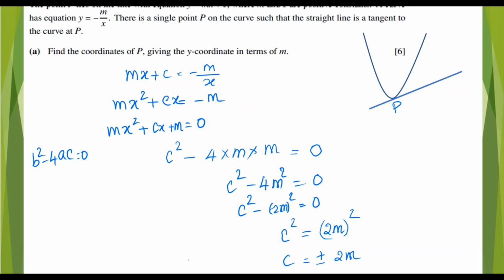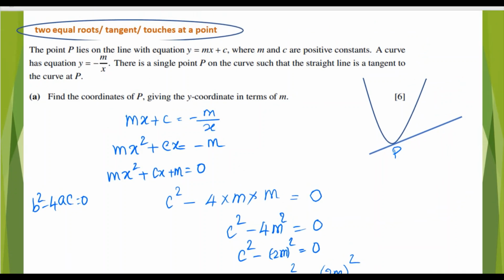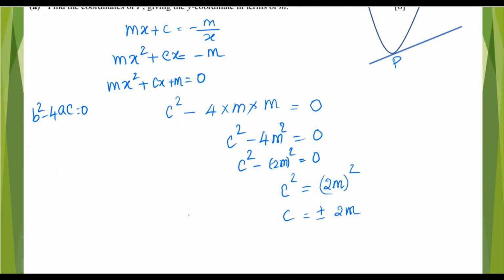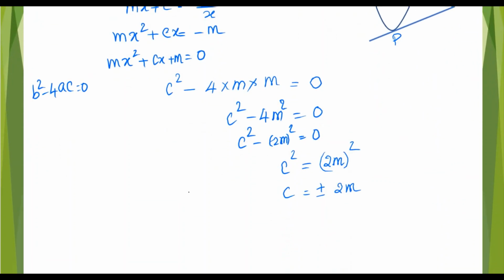Okay, and it's given in the question that m and c are positive constants. So c is equal to 2m.